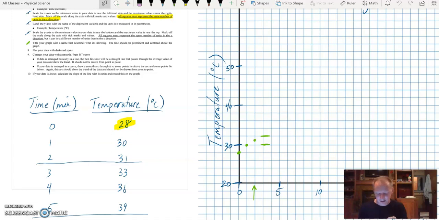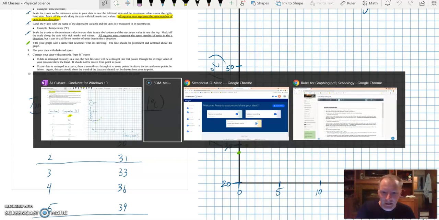So I just put a dot there. And then my next one, 3 minutes and 30 is 33, something very similar. So go ahead, pause this now. I'm going to pause the video as well and put in the rest of my dots while you put in yours, and then we'll join together again once all of our dots are placed.